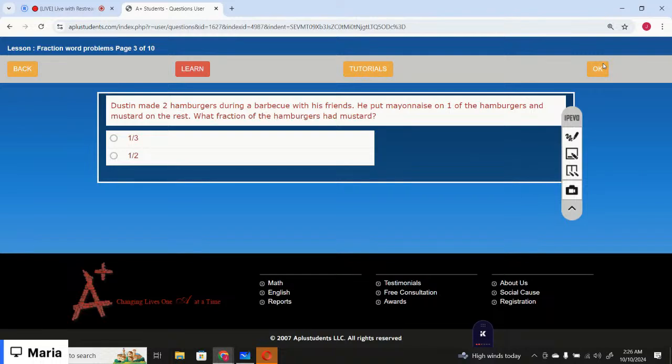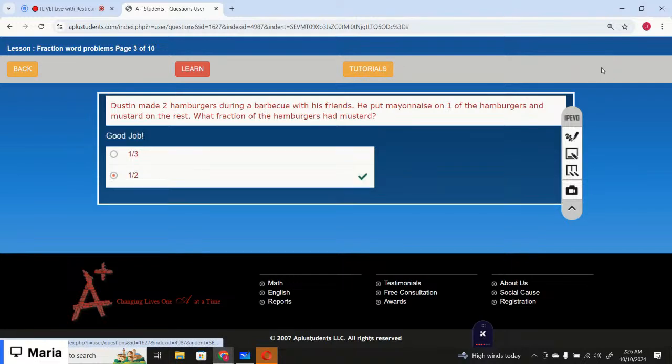Yes, that is 1 out of 2, right? Because the total burgers he had is 2 and one of them had the mayonnaise. So that means 1 out of 2 burgers had mustard, right? 1 by 2 is the correct option.